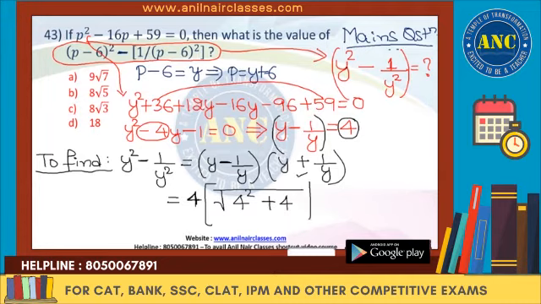That means in bracket it is 4 into square root of 16 plus 4, 20. So it is square root of 20, and square root of 20 can be further simplified as square root of 4 into 5. Square root of 4 is nothing but 2. So root 5 remains as it is. So 4 into 2 is 8. 8 root 5 should be the final answer for this question.